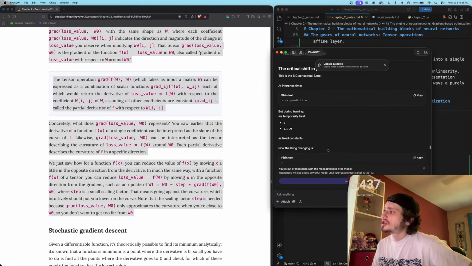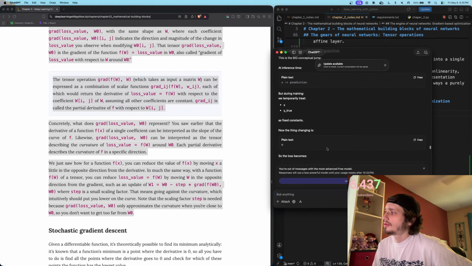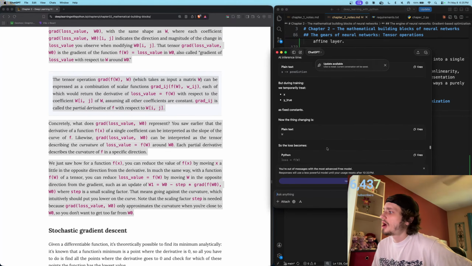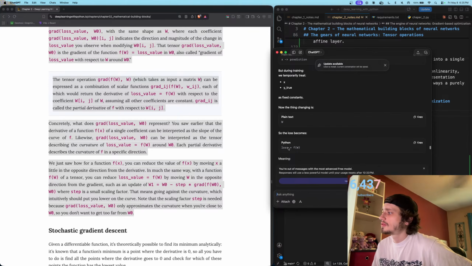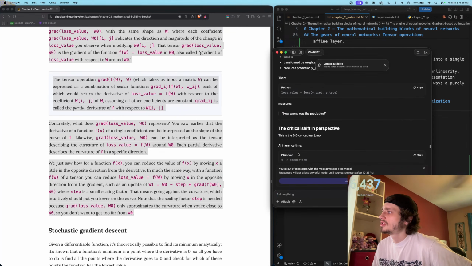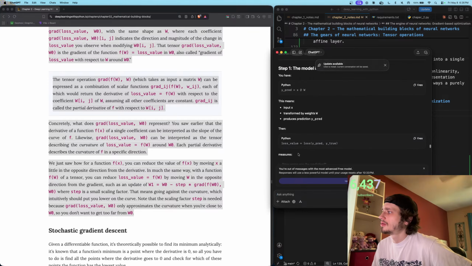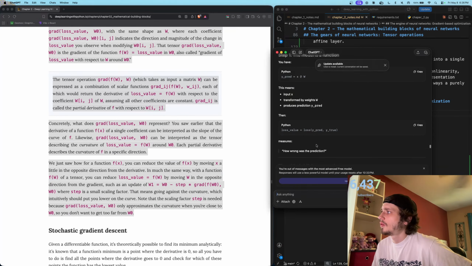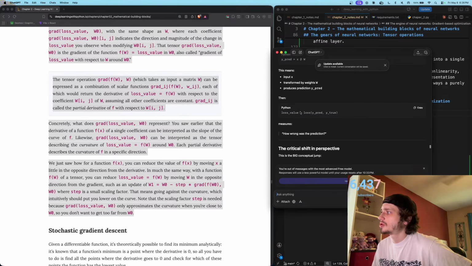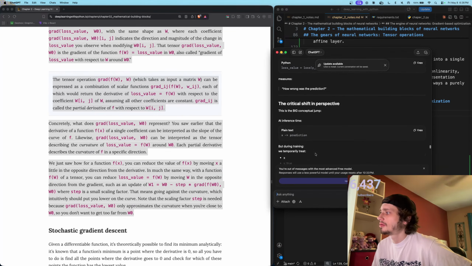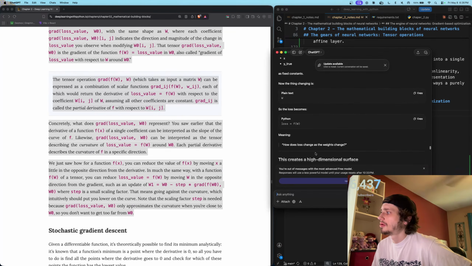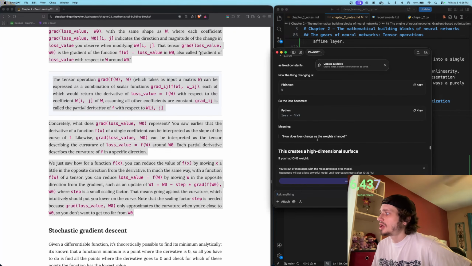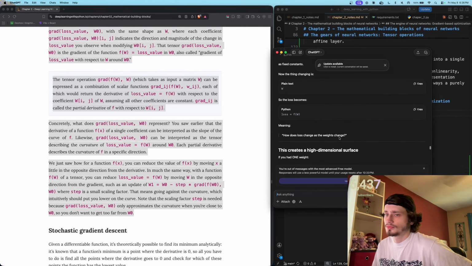Now the thing changing is big W. So the loss becomes loss equals a function of big W. We were originally doing y prediction is this. We insert that into here. Y true and x are constant, so we just get loss of big W. How does the loss change as the weights change?